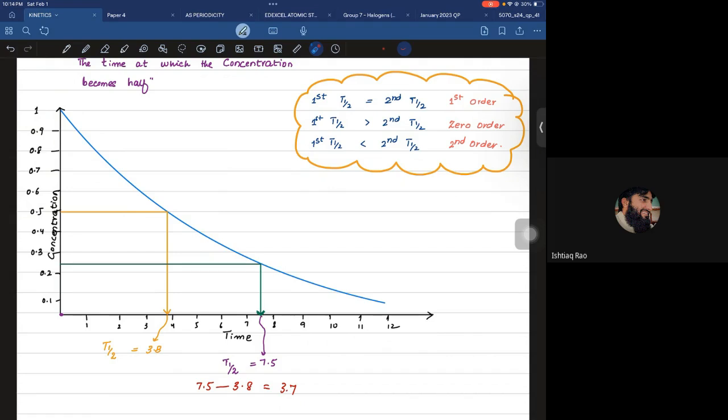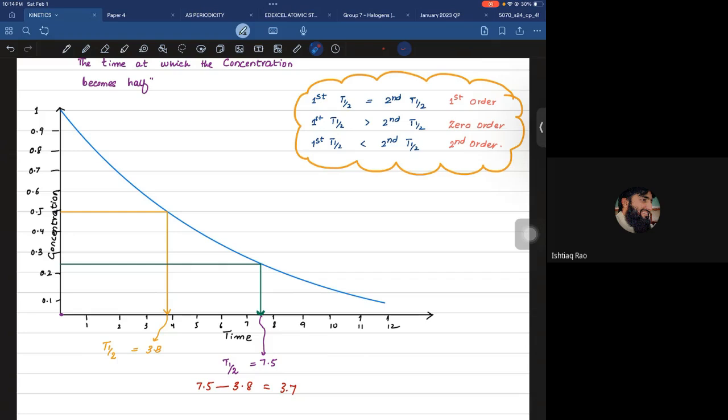Now I can see the time. The time is 3.8 seconds. This is the time at which the concentration becomes half.